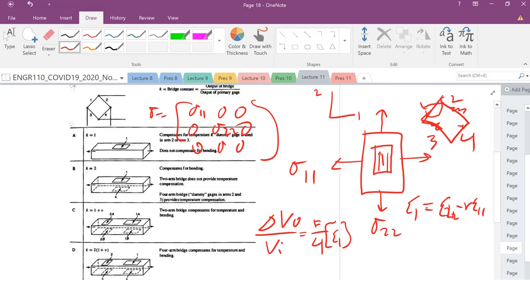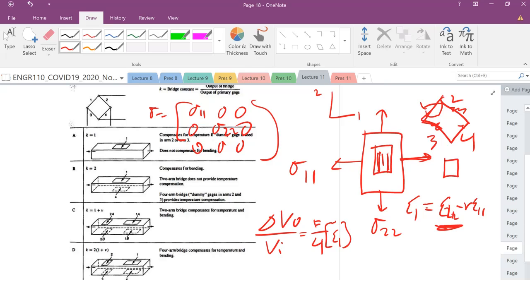Because again, it's all about where the wires are moving. The wires here are elongating in the 2, 2 direction. But as I'm pulling here, my strain gauge is going to shorten, and it's going to shorten by that Poisson's ratio there. So that is going to be the change in strain in that scenario.